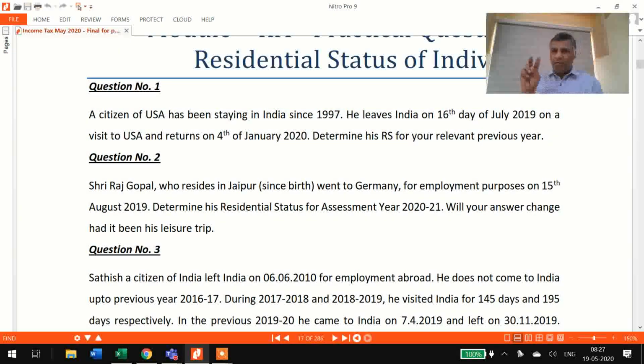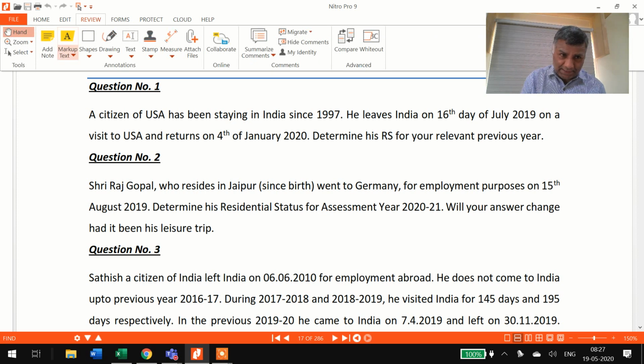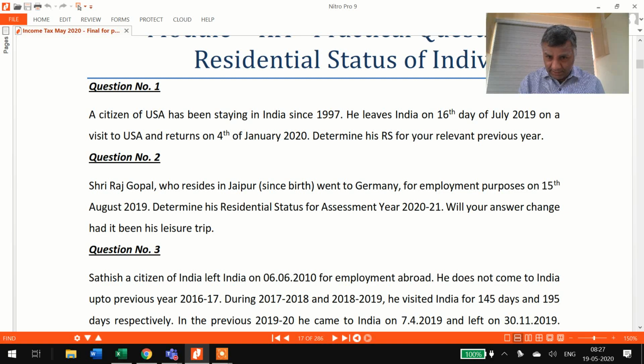I am reading question number 2. Rajagopal, who resides in Jaipur since birth, went to Germany for employment purposes. My dear friends, this is the key terminology here: employment purposes.